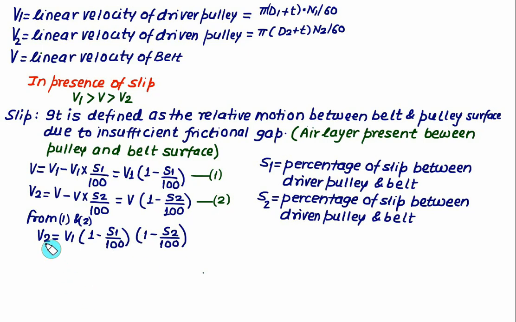Here we can replace V2 as pi into (D2 plus thickness T) into N2 by 60.